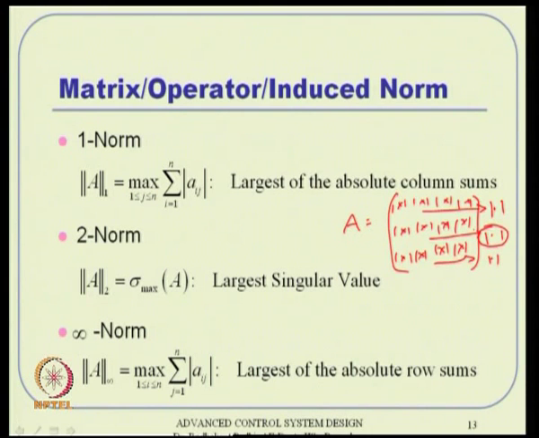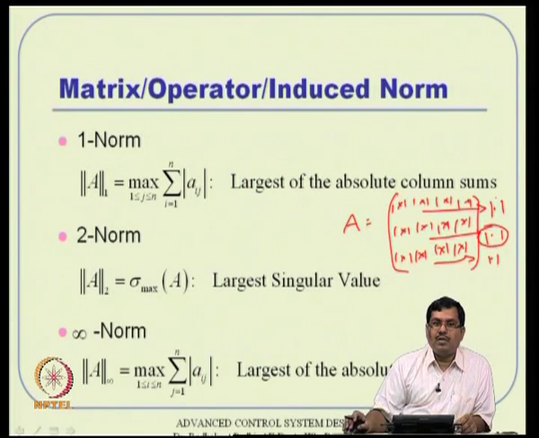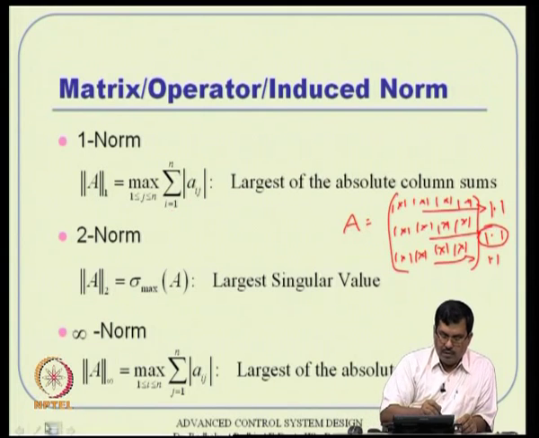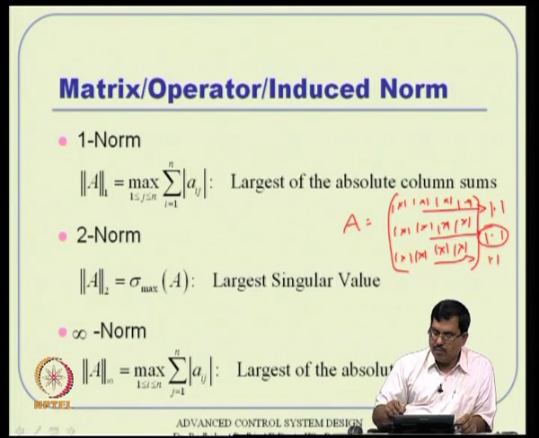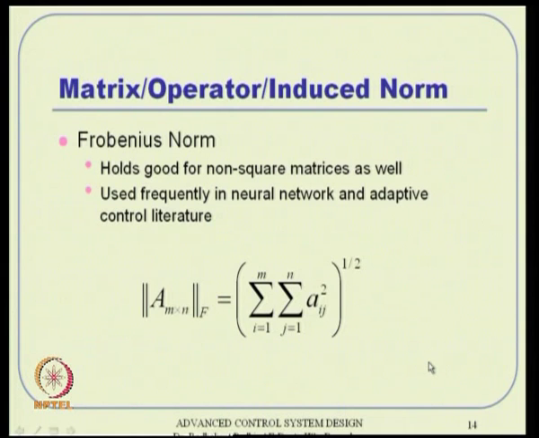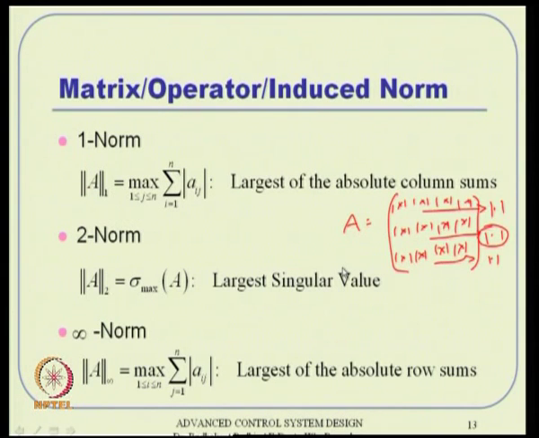Let us say the second happens to be larger than the first and third, then that happens to be the infinity norm, because by definition it is the largest absolute row sum. Now, if I do the similar operation column-wise, I find a number for each column, and take the maximum out of all that, and that is my largest absolute column sum, and that happens to be my one norm.